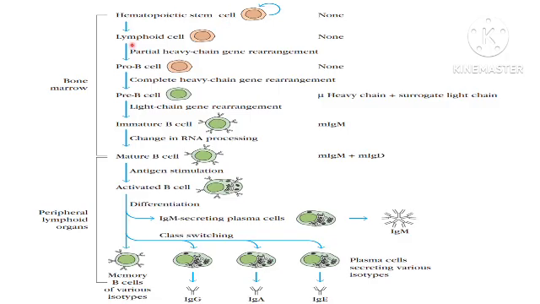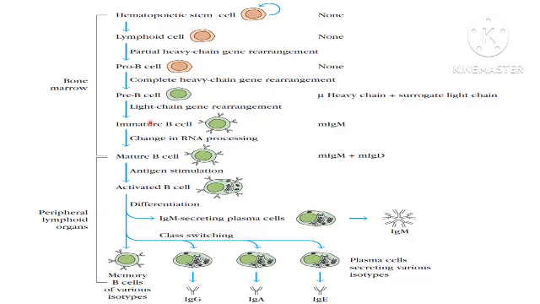The hematopoietic stem cell gives rise to the common lymphoid progenitor, which, by acquiring heavy chain gene rearrangement, partially becomes a pro B cell. The pro B cell, after attaining a complete heavy chain gene rearrangement, becomes a pre B cell. The pre B cell now acquires light chain gene rearrangement to become an immature B cell.